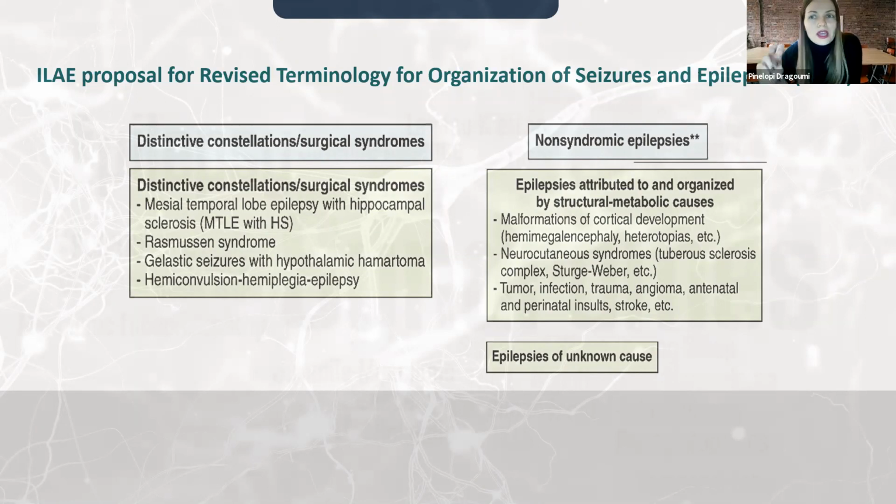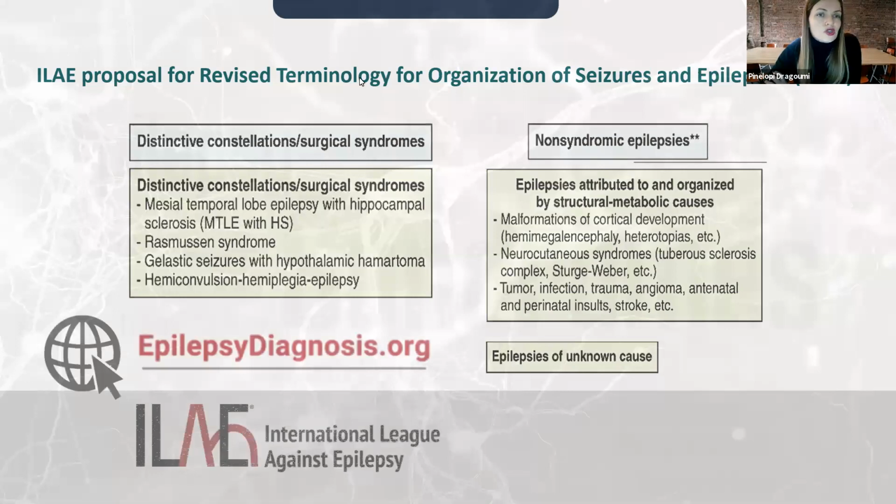This is an epilepsy condition itself. It is not a syndrome. And also, I urge you to see a lot more about this classification of syndromes, and also see a lot of videos with seizure types in the epilepsydiagnosis.org site of the ILAE.